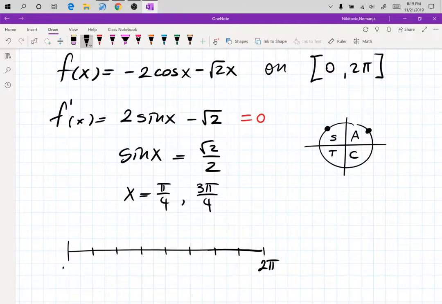This is my 0. I have a partition at pi over 4, and I have a partition at 3 pi over 4. So this is the partition that we do.